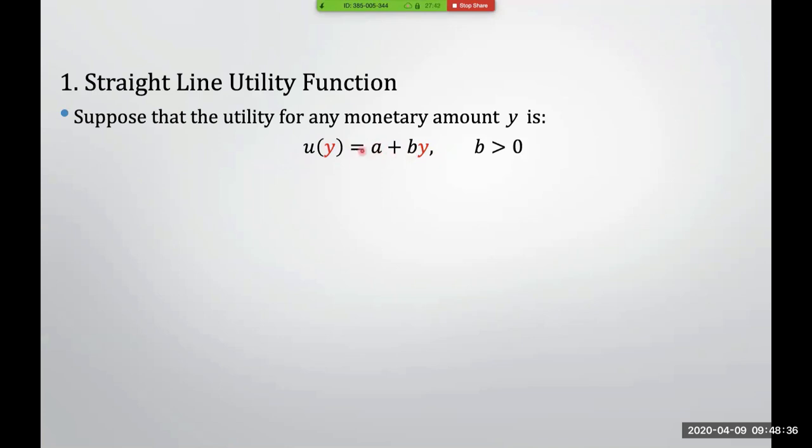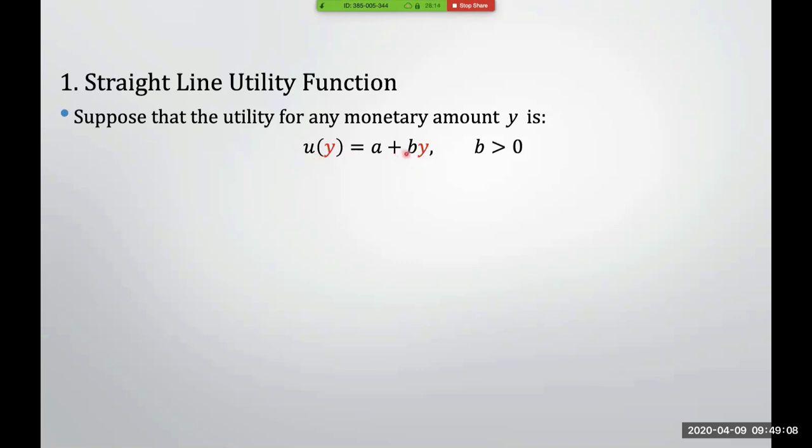The value of A can go anywhere, but B has to be positive. So why is that? That's because typically we would assume that more money has a higher U value. That is consistent with our 5 rules of actional thought, or just the common sense that more money is better. Okay, so that means B has to be positive, meaning when Y increases, when B is positive, then the U of Y will increase.